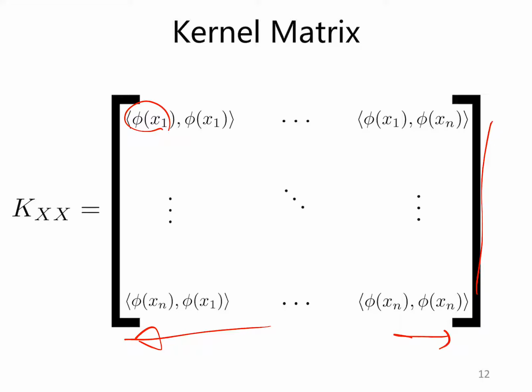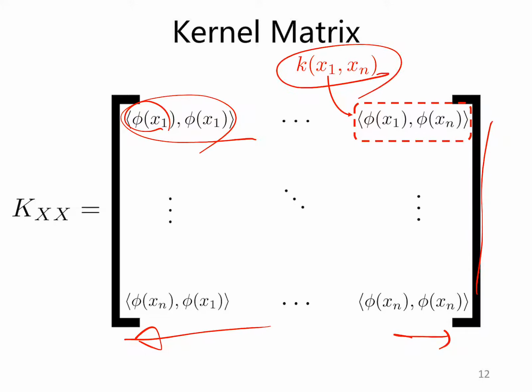Remember that I mentioned this phi is an infinite dimensional feature space that you don't really know exactly how it looks, but all you need to do is to be able to compute the inner product between them. So the kernel matrix is a matrix that's filled up with these inner products, the ith element filled up with the kernel.